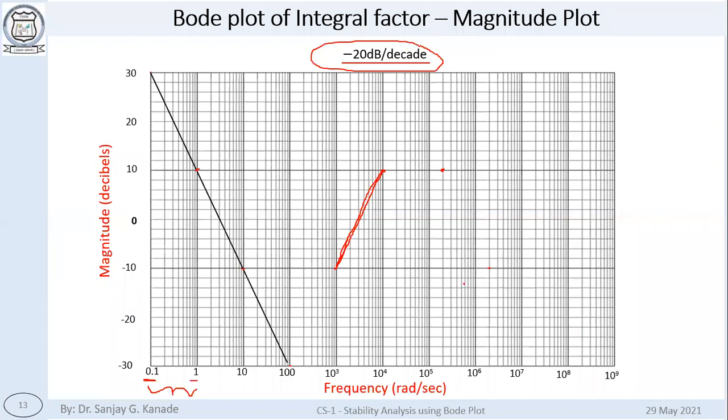You remember basic things about lines. If you want to draw a line, you need a minimum of 2 points. A similar concept is here. If I want to draw a minus 20 dB per decade line from this point, okay, so what shall I identify? First thing, the x-axis coordinate and then the y-axis coordinate.